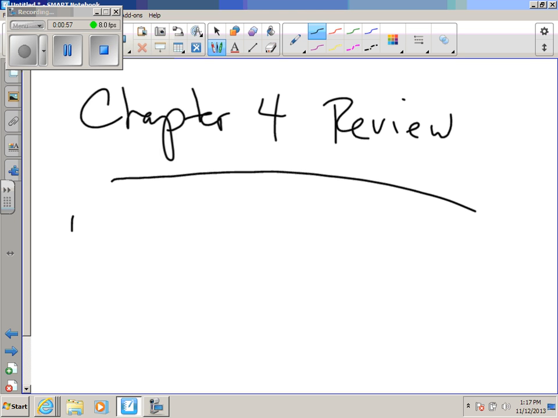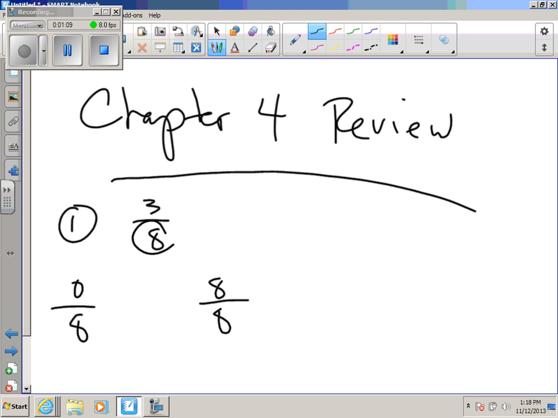Choose a benchmark. Number 1, for each measurement, 0, half, or 1. 3/8. Remember how this works real quick. When I think of the denominator 8, it helps me determine what it's closest to. If it's closest to 0, the numerator will be closer to 0/8.